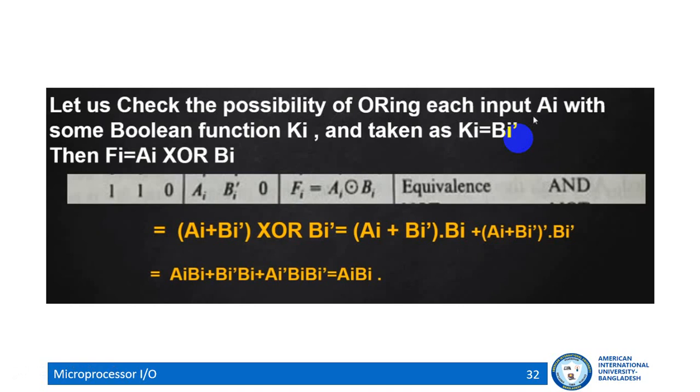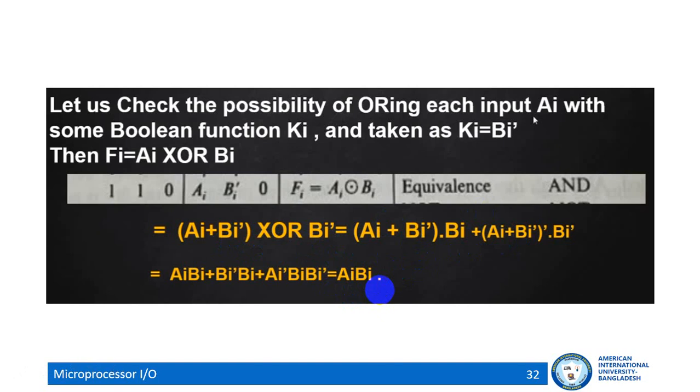Then we get with the hardware A is or B. We have replaced A with A or B bar. Then we are using our same hardware, where Y equals B bar. So if we do this exclusive OR operation, what do we get? If we expand it, we get the AND operation.